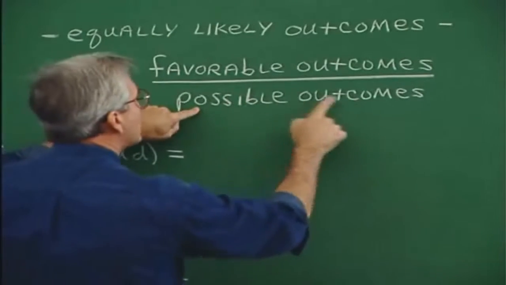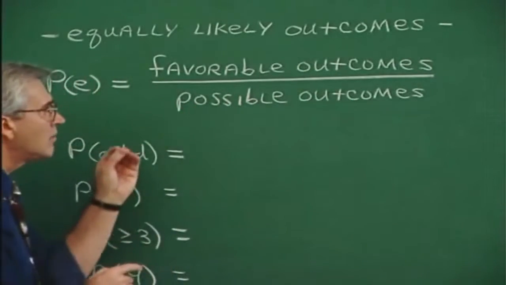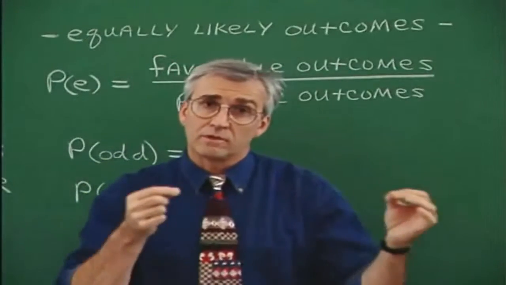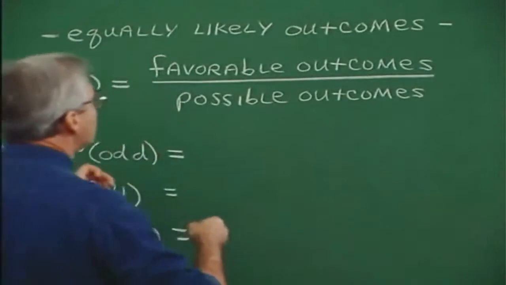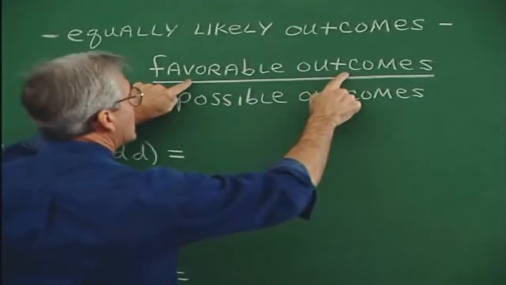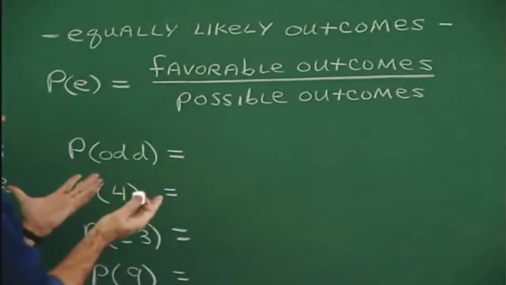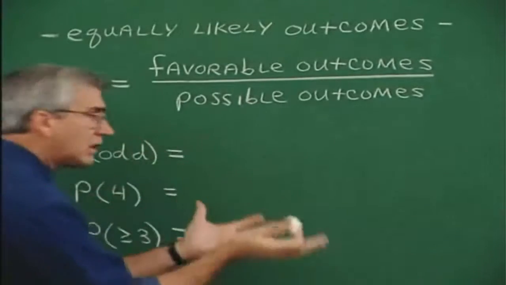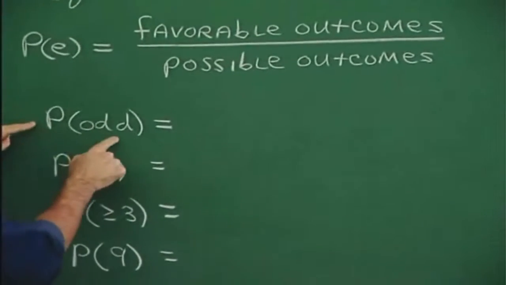Now, all the possible outcomes would be the number of items that are in the sample space. You see, those are the possible outcomes. And the number of favorable outcomes depends upon the kind of situation we're looking at, the event that we're talking about.